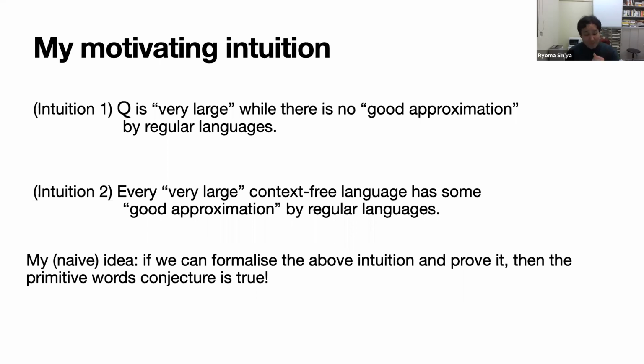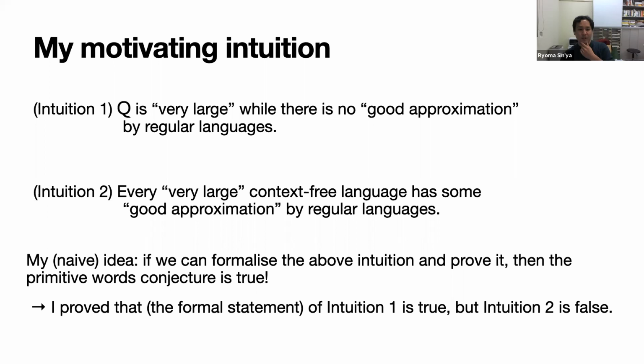Anyway, my naive idea was that if we can formalize these two intuitions and prove them, then the conjecture is true. But actually, I proved that fortunately, intuition one is true, but unfortunately, the second intuition is false. So I will explain those formal definitions and the proof later.